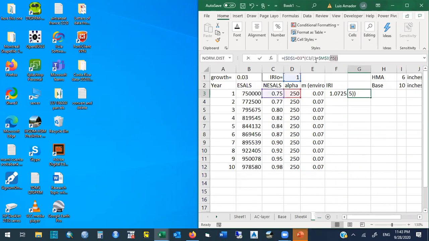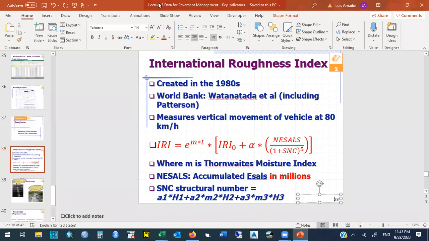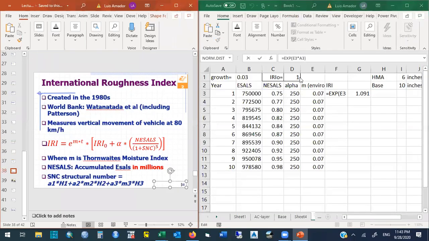So now I can put this together with the other one. So it was this. Multiply by the rest of them, exactly. And I just need to make sure that the cells are fixed.